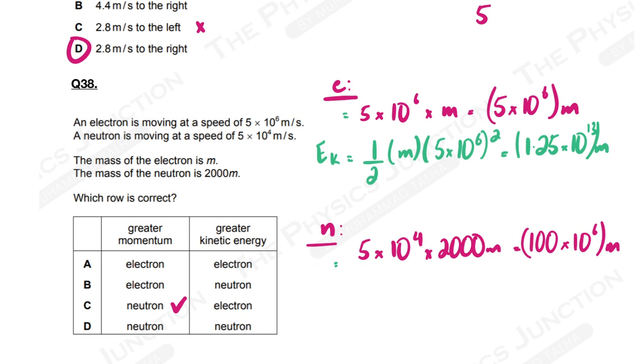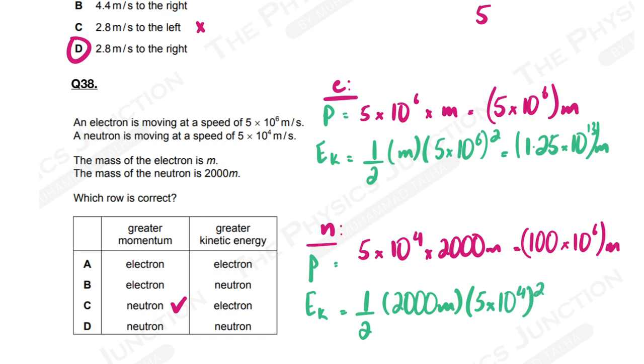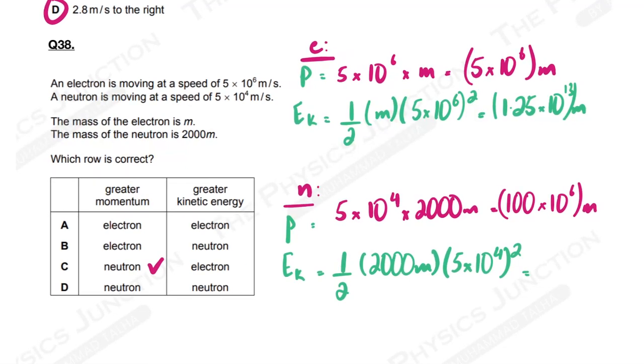So this is p here and here. Kinetic energy, half into 2000 m into 5 into 10 to the 4 squared. Some of you might already be guessing that because of this square, the kinetic energy of the electron would be greater, but still let's see. 5 into 10 to the 4 squared times 2000 divided by 2 is 2.5 into 10 to the 12 m.